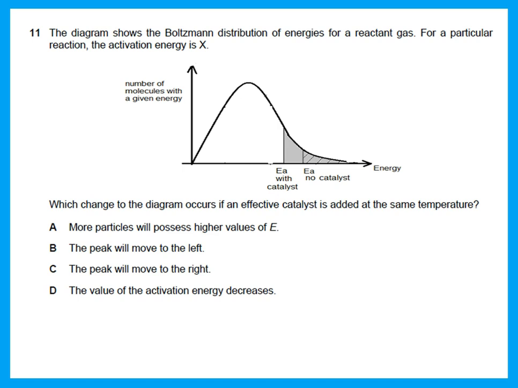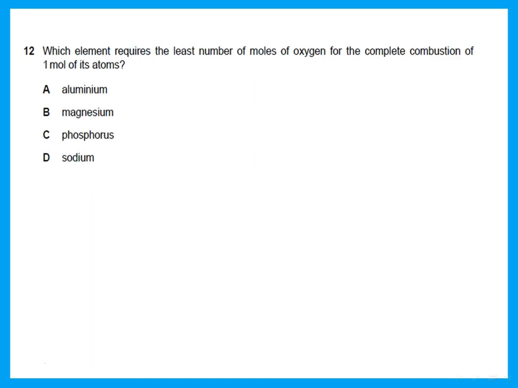Remember, particles will possess higher values of energy if you increase the temperature. The peak will move to the left or to the right if you change the temperature. But when you put a catalyst, all that happens is the value of the activation energy decreases. So now we have more molecules that will have effective collisions.